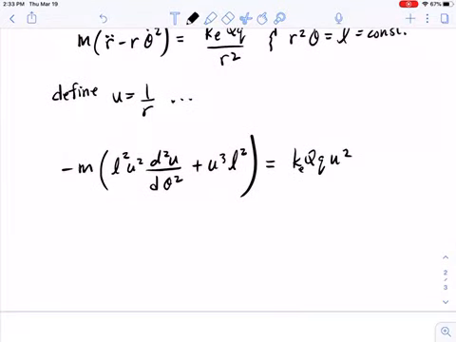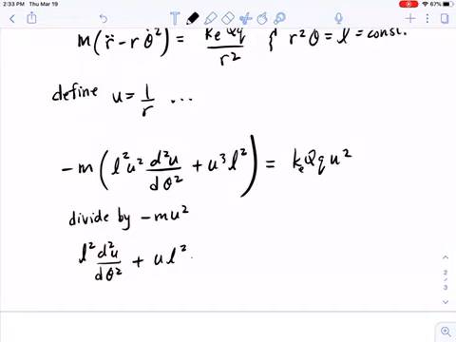Okay, so then recall what we did is we could divide by the mass, and we could divide by u squared, and let's divide by a negative sign. So I think we're going to divide by minus u squared. So if we did that, we should get an l squared d2u d theta 2 plus u l squared is equal to minus ke q q.